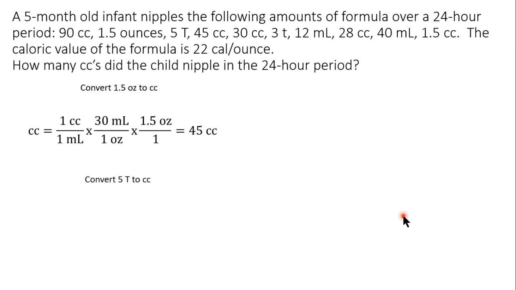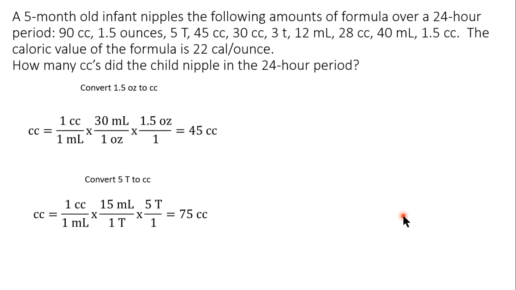We are left with 45 cc's. Now we convert the 5 tablespoons to cubic centimeters. So cc's equals, again, we convert from cc's to milliliters first, and then use the conversion ratio of 15 milliliters over 1 tablespoon times 5 tablespoons over 1, and tablespoons cancel out.